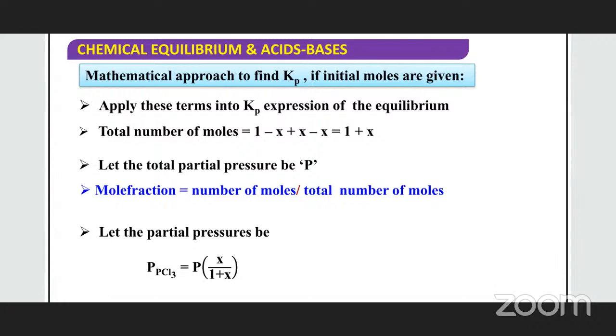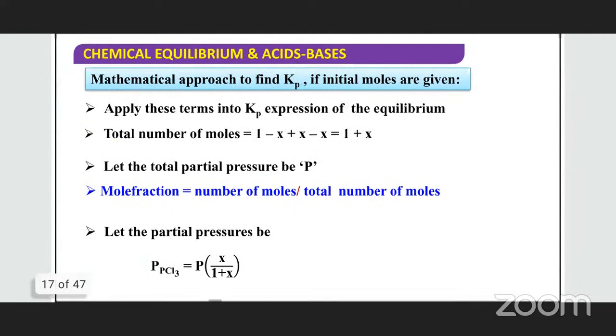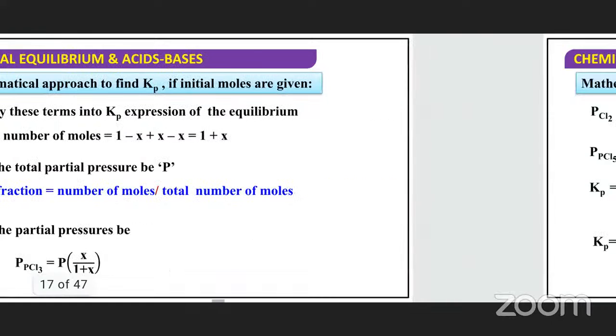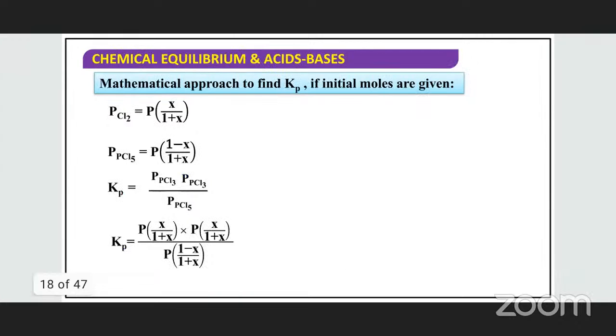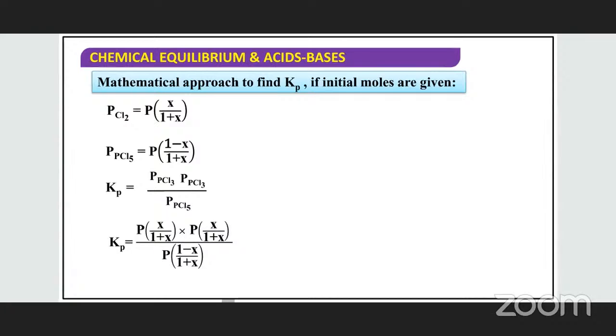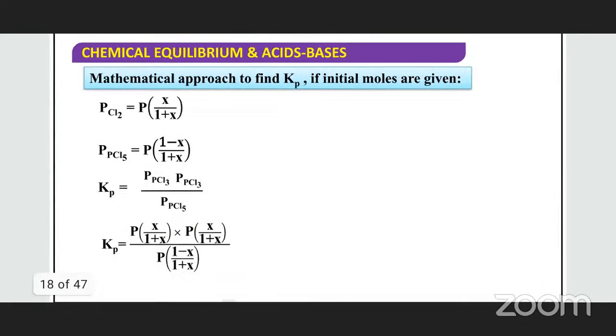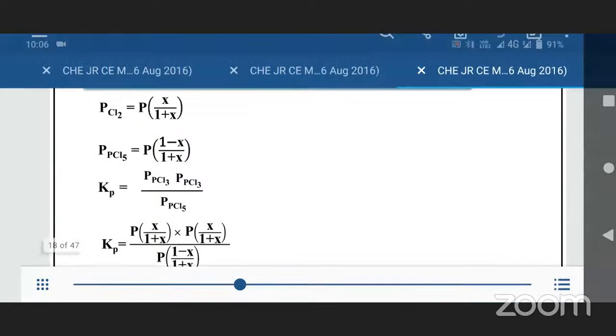Let the total pressure be P. The mole fraction is equal to number of moles by total number of moles. The partial pressure of PCl3 is equal to P into x by (1 plus x). Partial pressure of Cl2 is equal to P into x by (1 plus x). Partial pressure of PCl5 is equal to number of moles of PCl5 by total number of moles, into P, that is P into (1 minus x) by (1 plus x).